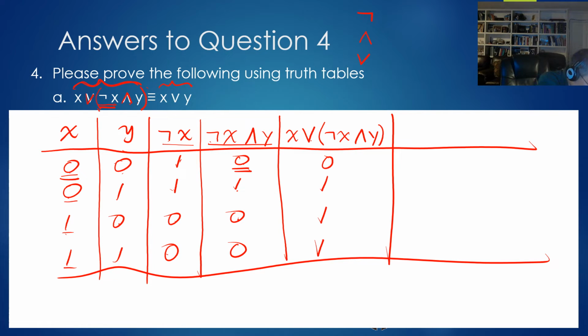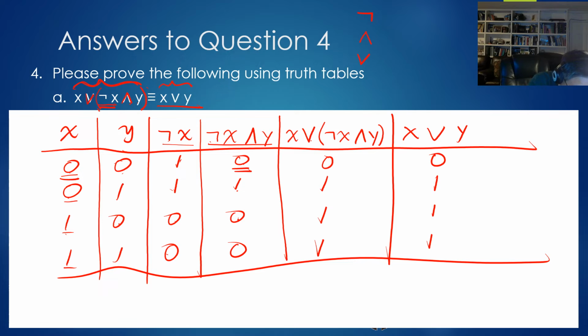The right side is very simple. It's x or y. So x is 0, y is 0, so x or y is 0. x is 0, y is 1, x or y is 1. 1, 1, right? When you talk about this disjunction, as long as one of the operands is 1, the result is 1.